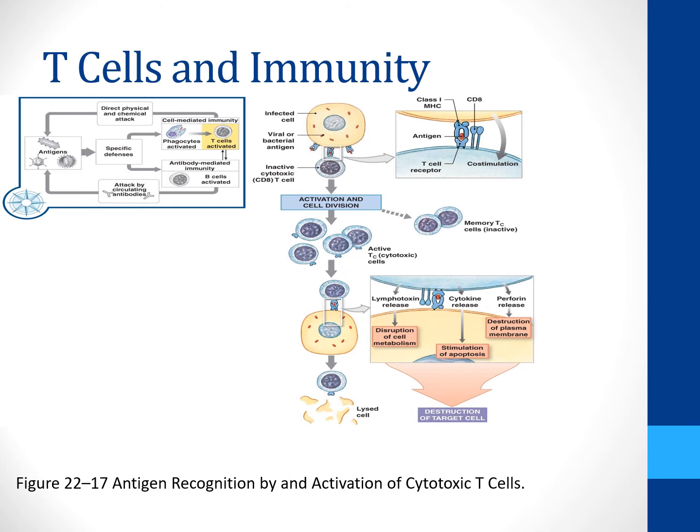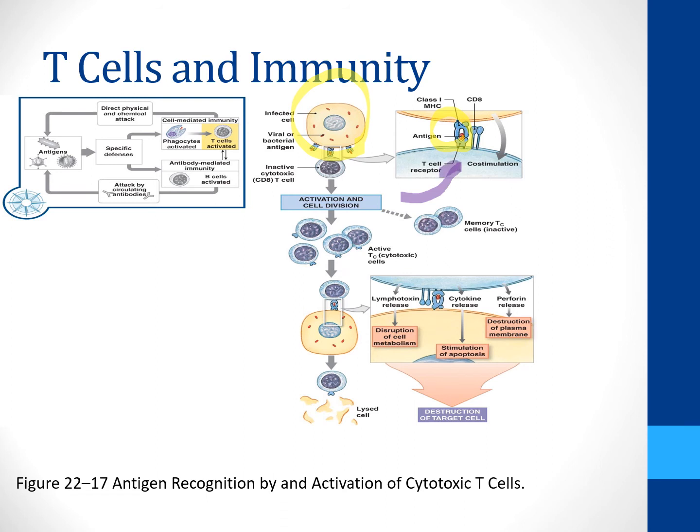So let's look at this a little bit more closely. Here we've got an infected cell, and it is presenting its antigen on this class 1 MHC protein. You can see that that MHC protein is on the infected cell, and it is presenting this antigen. A cytotoxic T cell comes along, and it has a receptor for that specific antigen.